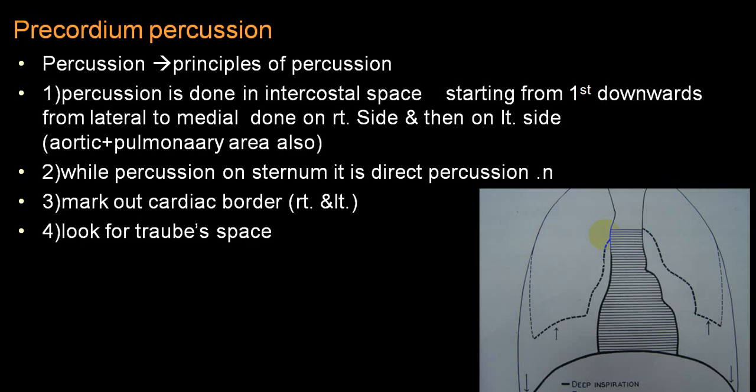If you get an increased area of dullness on the right side, one, it is because of a shift of the mediastinum, which is shifting the heart towards the right side, so the normal cardiac dullness is more towards the right side. Second, in case of dextrocardia, when the heart is entirely malpositioned on the right side, it is malrotated.